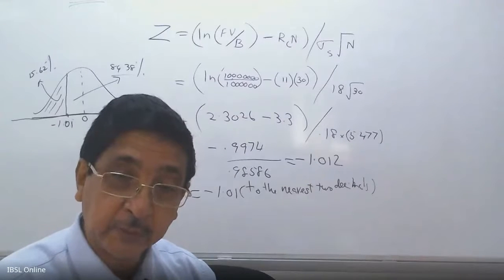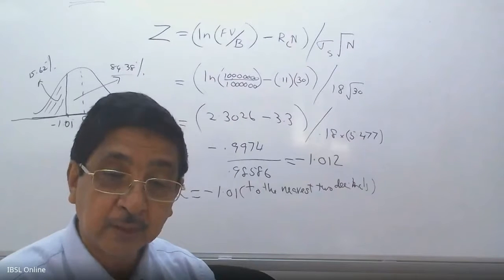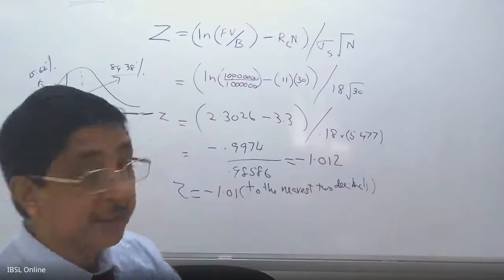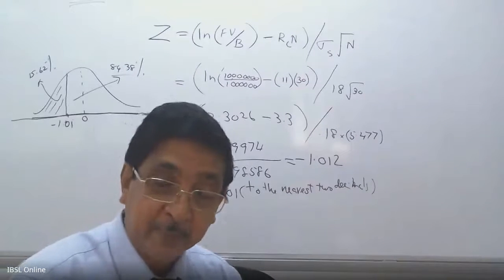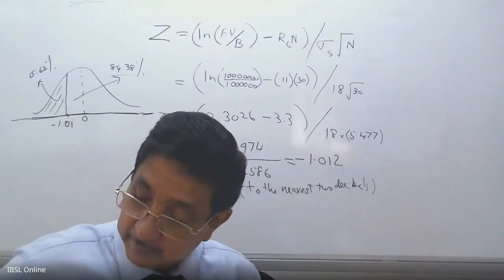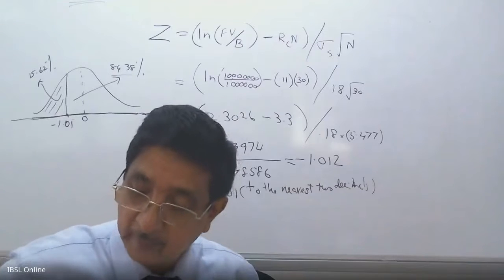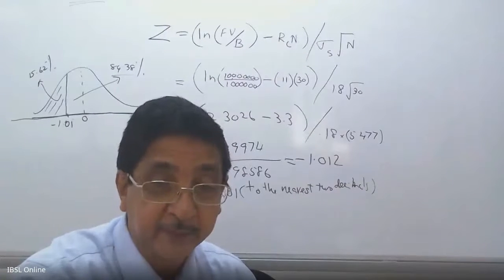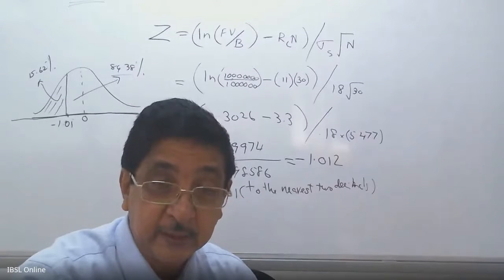So when it is deducted from 100, it will become 84.38. So that is the probability of Ruwanmali's investment becoming 10 million after 30 years. So that is the answer for that.